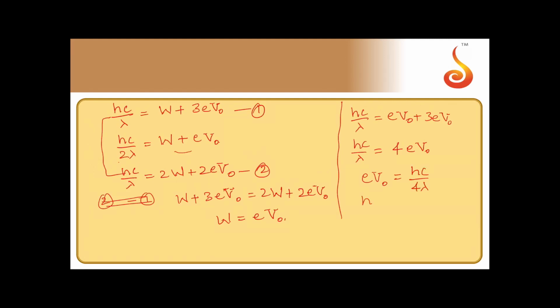So eV0 is nothing but hc by lambda naught because it is the work function. So that is equal to hc by 4 lambda. So I can conclude lambda naught is equal to 4 lambda. So this is the threshold wavelength for the metal surface. So that is option B.